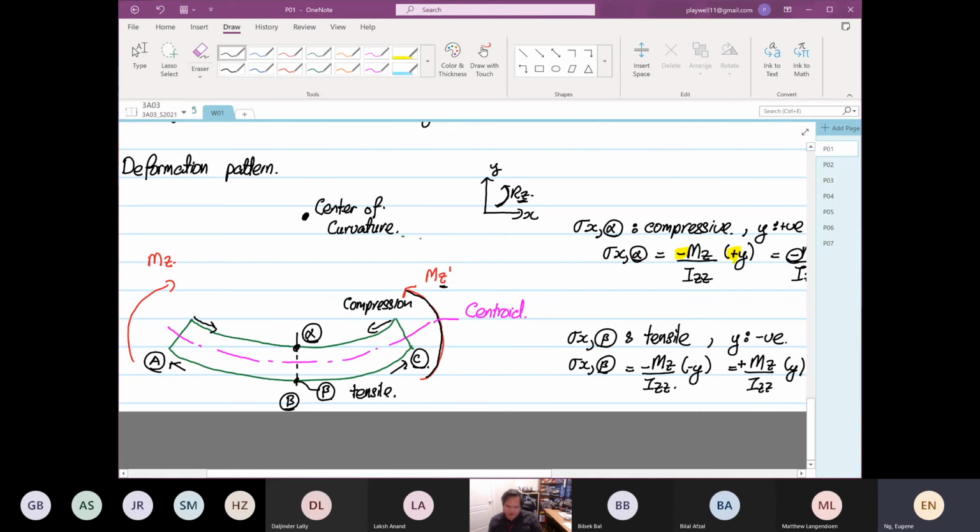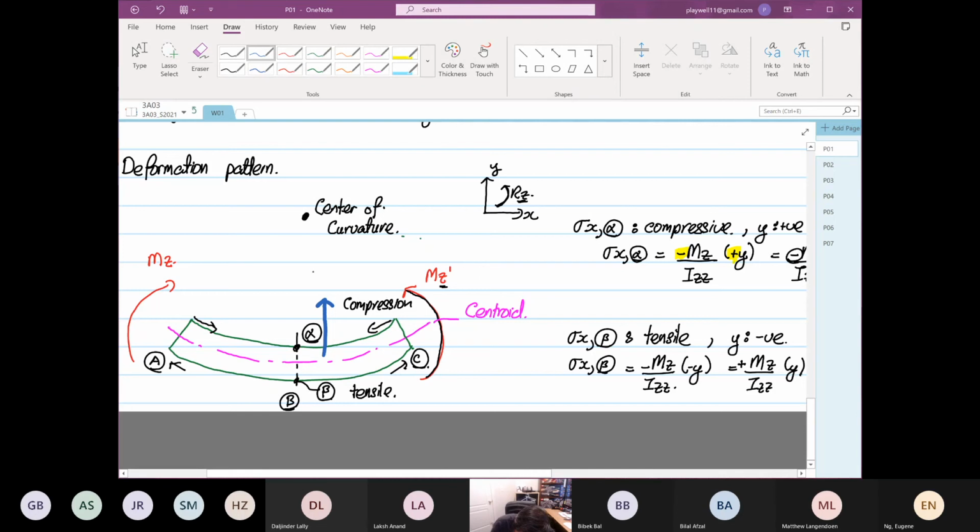It's not on the bottom side, it has to be at the top, because of how the structure has been bent. So relative to the centroid, I repeat again, relative to the centroid, watch this arrow I'm going to draw.